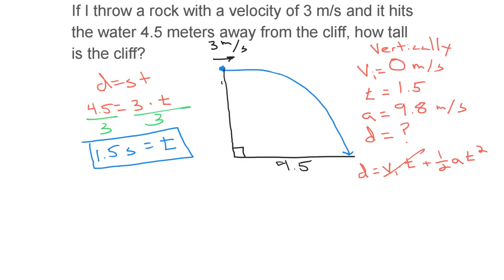And I've got all of that information, so distance equals 1/2 times 9.8 times 1.5 squared. I'll plug that whole thing into my calculator, and I get 11.025 meters. So that is how tall this cliff is. 11.025 meters.